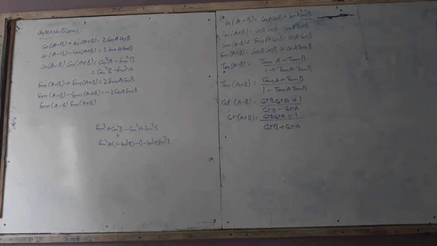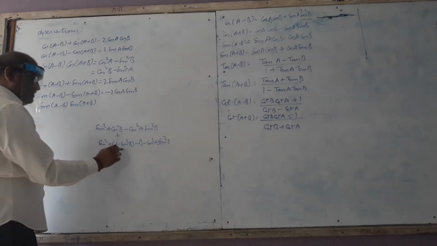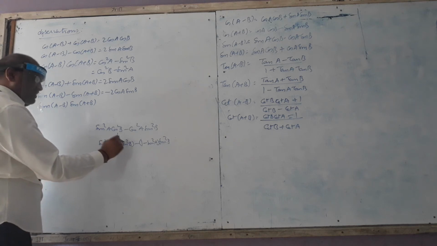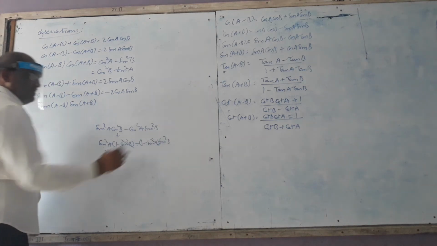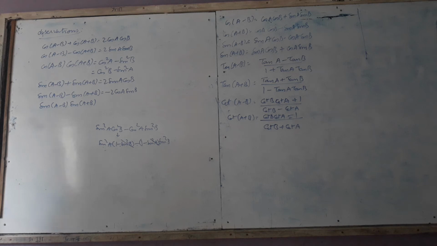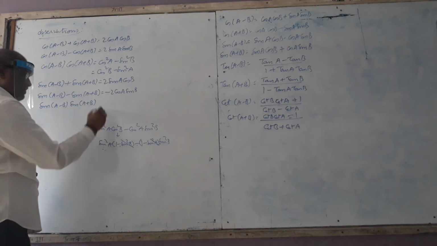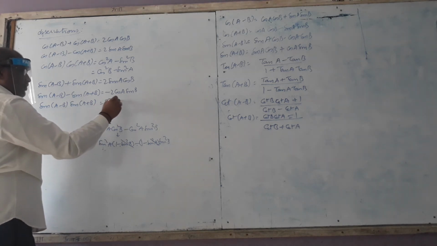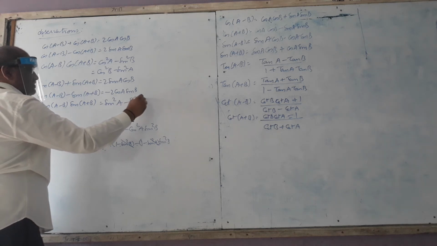Expand this: you get minus sin square A sin square B, minus of minus plus sin square A sin square B cancel. Balance sin square A minus sin square B.